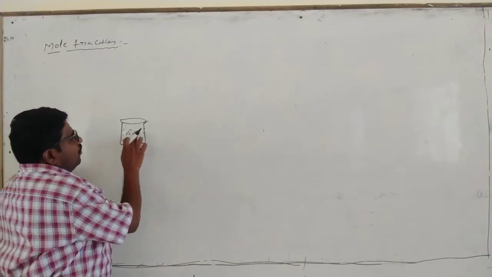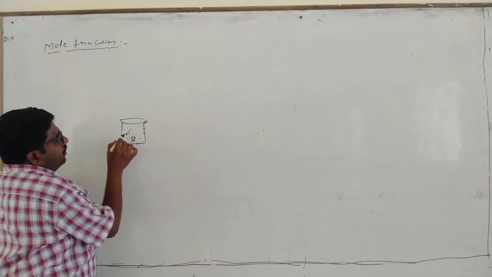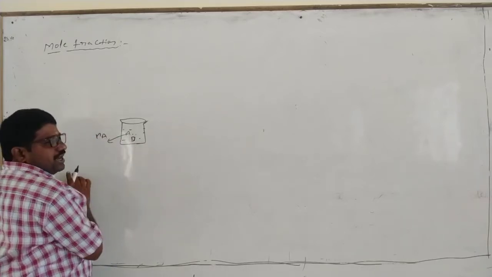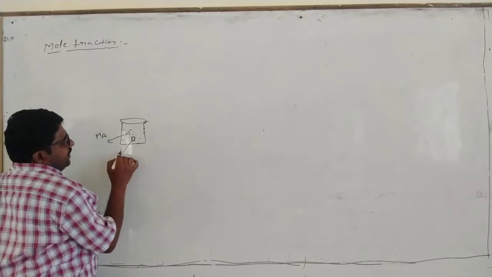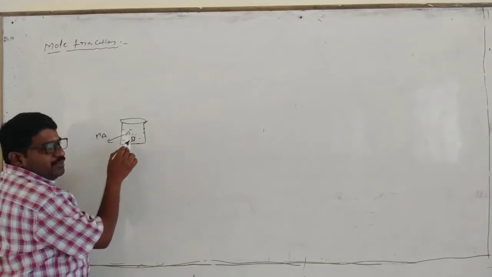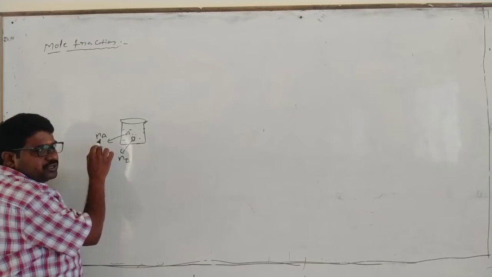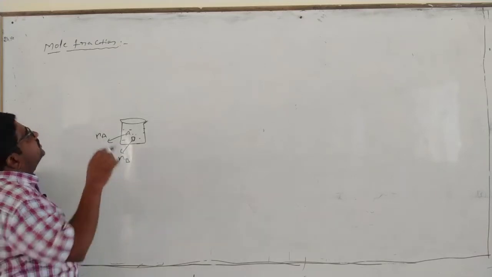A is one component and B is another component. A component is containing Na moles. Number of moles is how much? Na. Here B is containing Nb moles. Means A and B are two components. The number of moles is indicated by n. This is mole fraction.